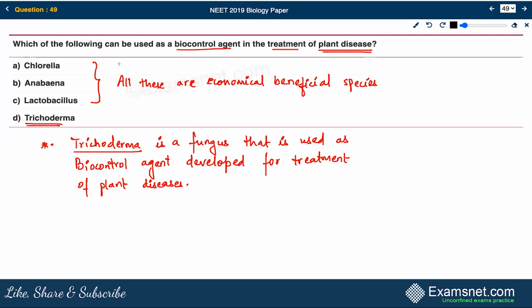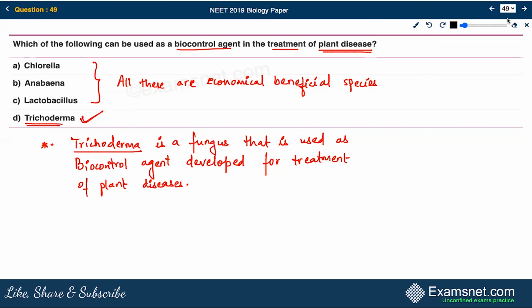Like I said, Chlorella is the unicellular alga, which is the richest source of protein. Anabaena helps in nitrogen fixation. Then Lactobacillus is a lactic acid bacteria. So all these are economically beneficial species. So they won't be causing any kind of plant diseases, or they cannot be used for the treatment of plant diseases. But Trichoderma, since it's a fungus, is used as a biocontrol agent for treating plant diseases. All right. So option D is the correct answer.